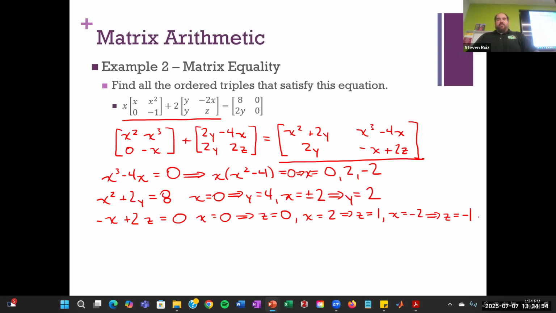So we looked at 3 of the pairs of entries. We didn't look at the other one. Would it give us anything new? No, it says 2y equals 2y essentially. There's no way to fail that. All right, so what are our possibilities here? I think I have a lot.